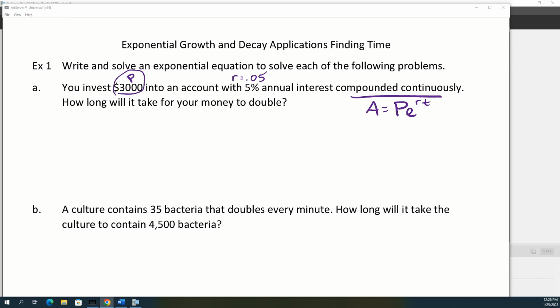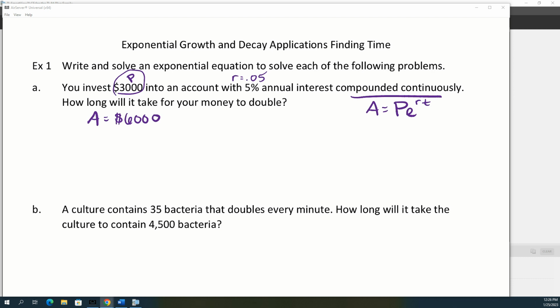Good. And then A is the amount after time passes. If we want this 3,000 to double, what do we want A to be? 6,000. So A is 6,000.